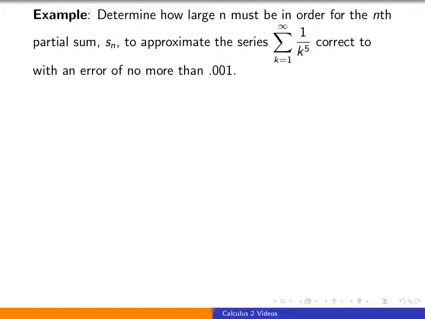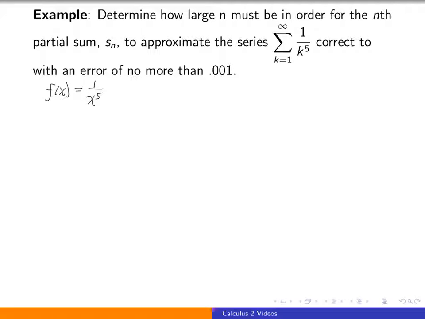So in order to use the integral test estimation property, we first need to, much like the integral test, write down the associated function and verify that the hypotheses are satisfied. So in this case, our function f of x is 1 over x to the 5th.